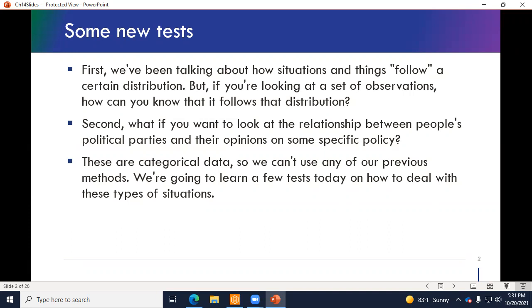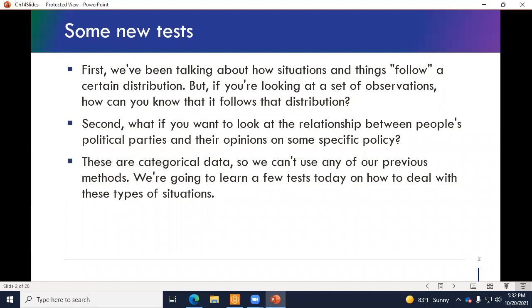You have your data, but how can you know what distribution it follows? You can just eyeball the observations and guess, and you might say it's close to some distribution, but how close is close? That's what we do with hypothesis testing: we have some assumption and we want to test it out.